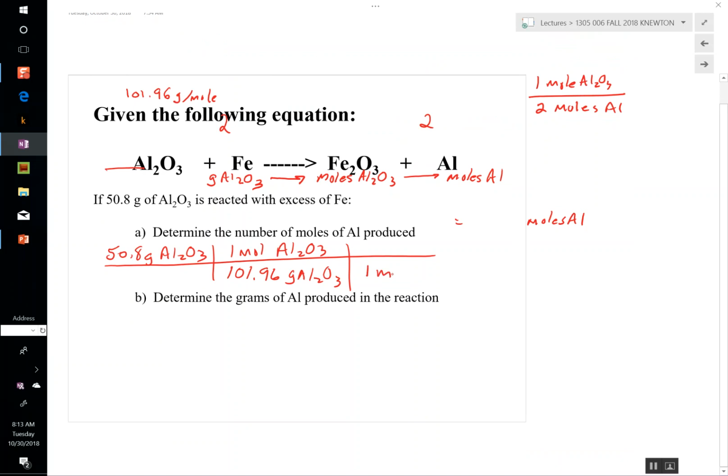So 1 mole of aluminum oxide, so there's 2 moles of aluminum going to be produced for every 1 mole of aluminum oxide that reacts. And that gets me to moles of aluminum. And what's that answer? 50.8 times 2 divided by 101.96.